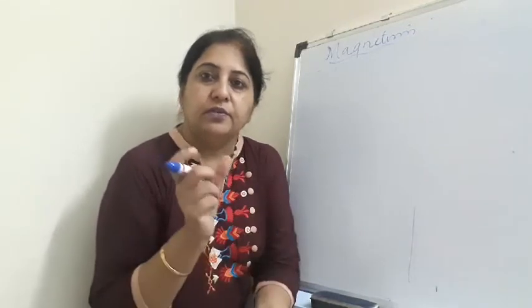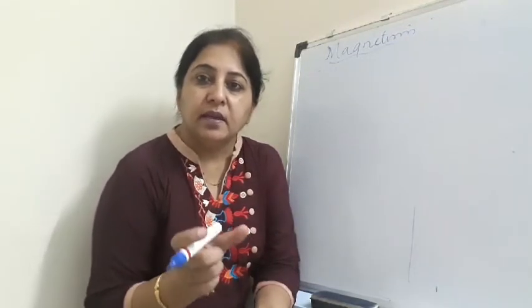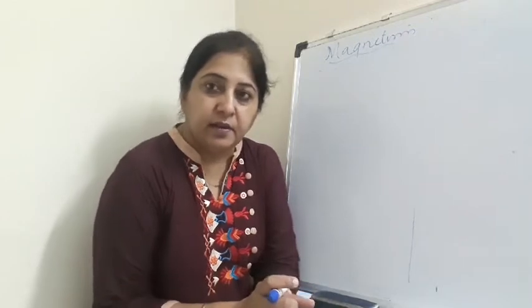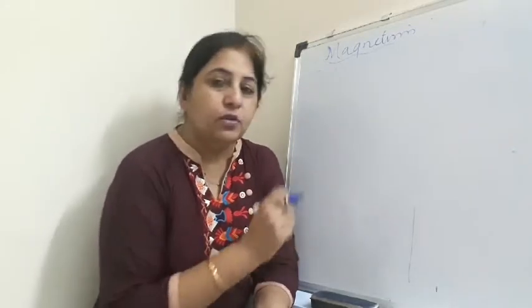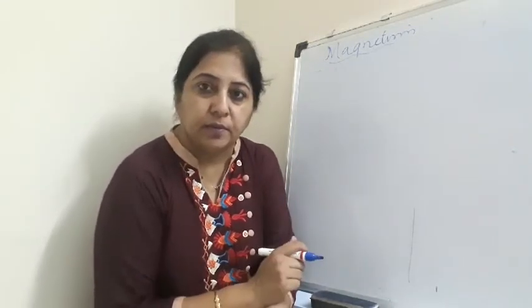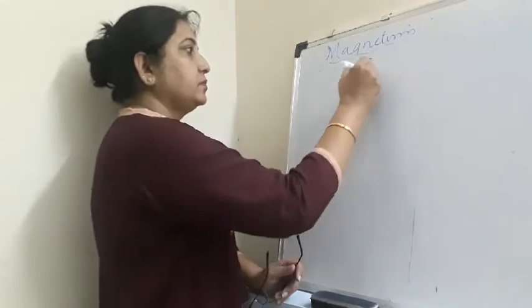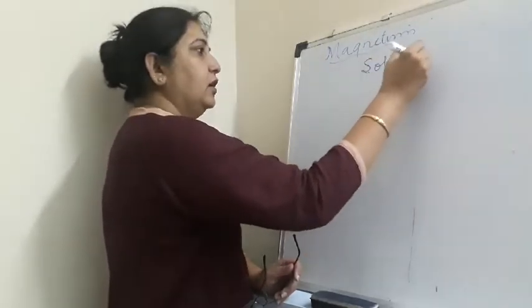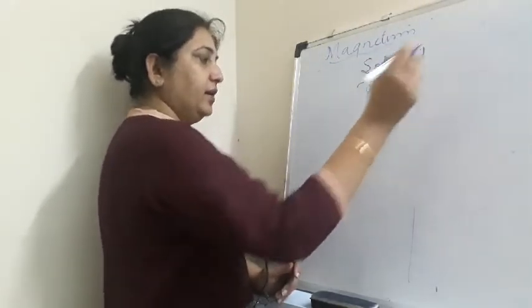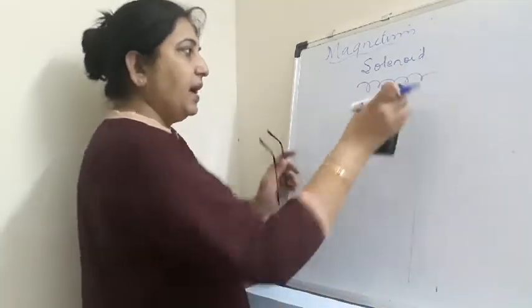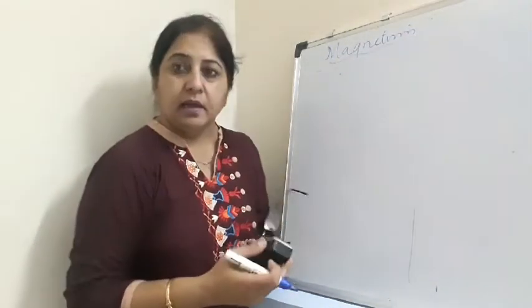So with the help of a solenoid we can magnetize an iron piece, and that iron piece becomes either a temporary magnet or a permanent magnet, depending on the two cases which we are going to look at here. So a solenoid looks like this, right? Now using this we will magnetize soft iron and hard iron.